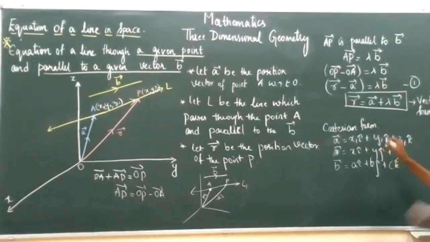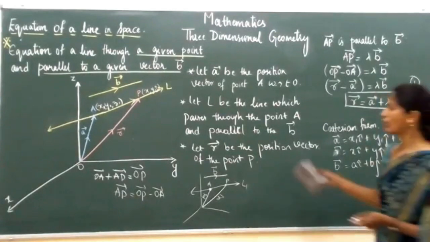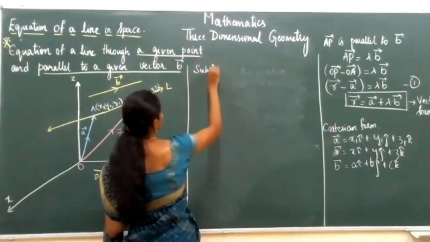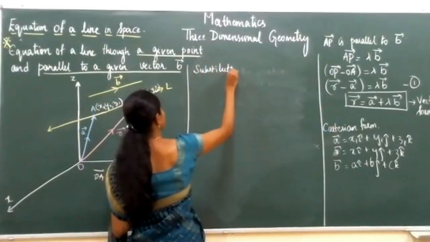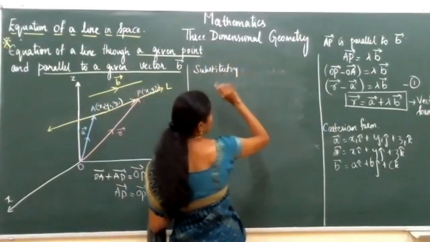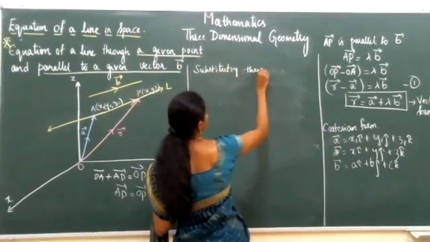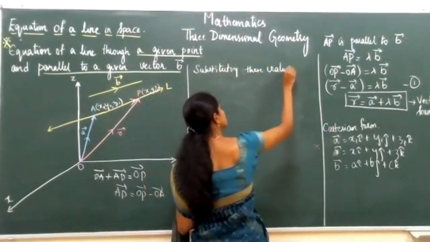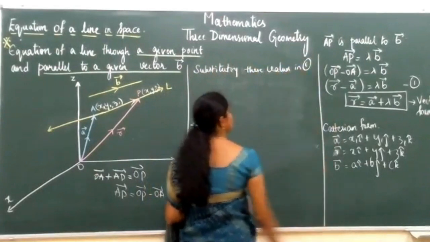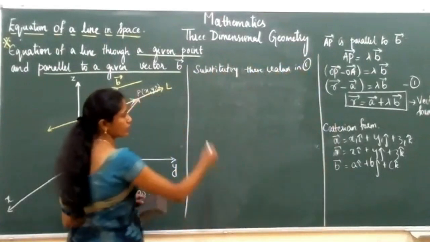So let us substitute this in our equation number 1 in order to find its Cartesian form. Substituting these values in equation number 1. So vector R, what is your vector R?